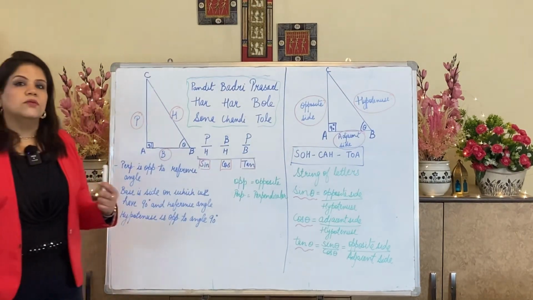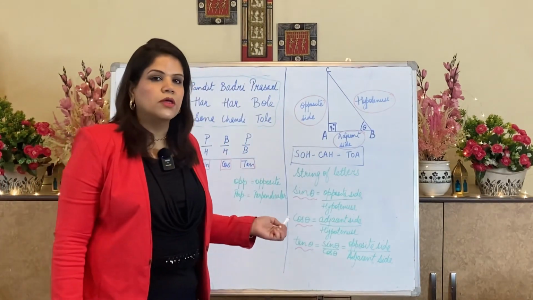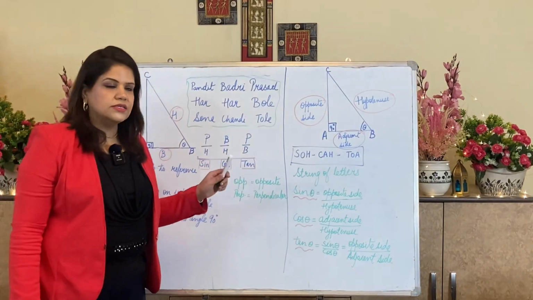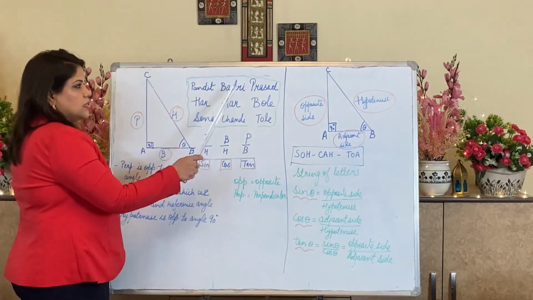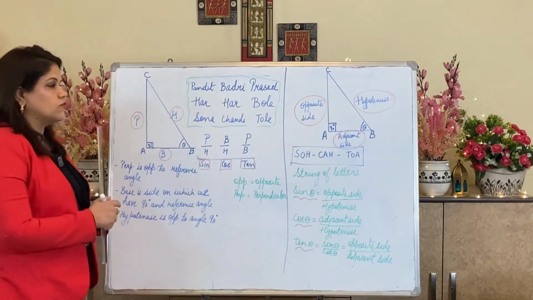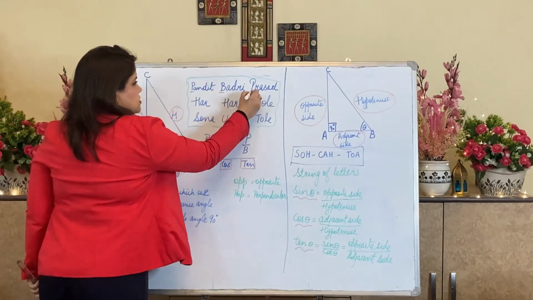There are certain mnemonics in Hindi which will help us to learn these trigonometric functions. What is that? I am giving it to you written here. Pandit Badri Prasad, that is PBP. First initials we will take from here. So this is my first initial, this is the second initial, this is the third initial.